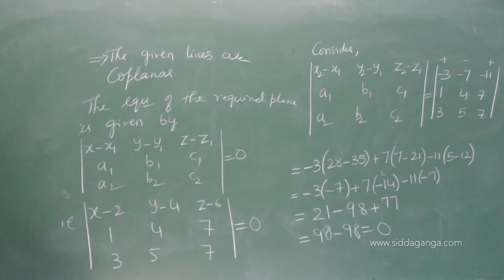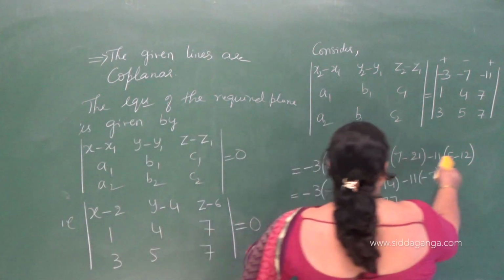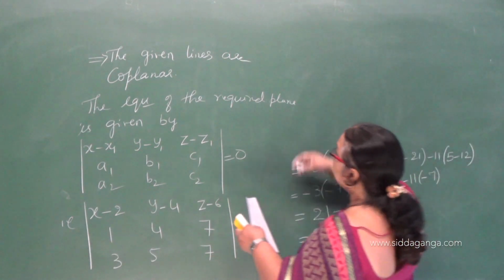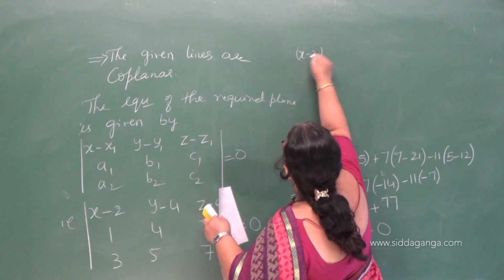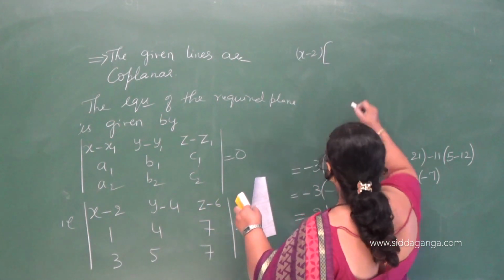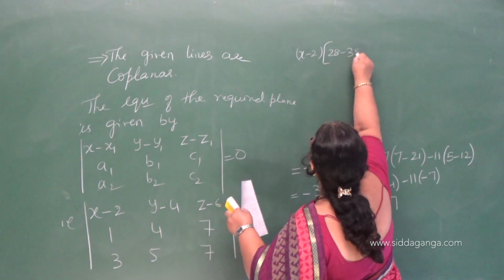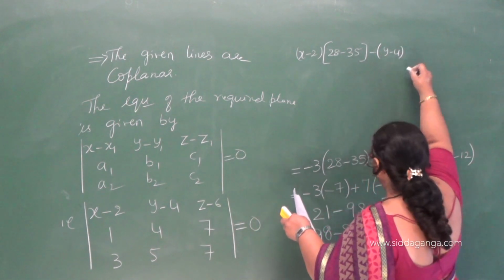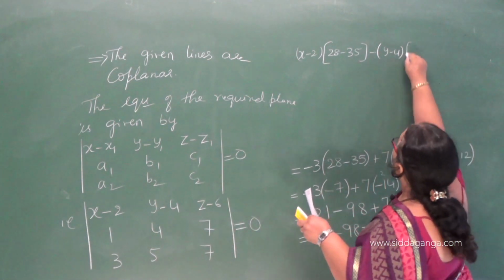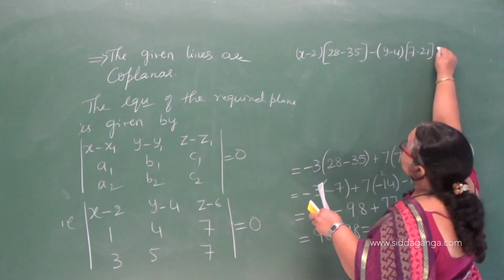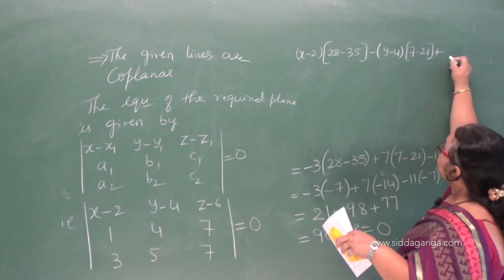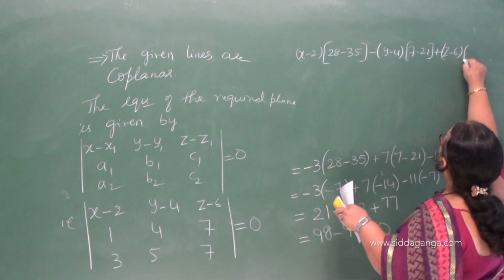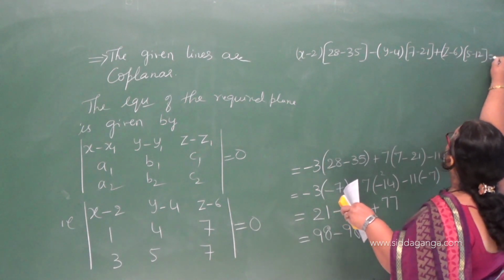Now we have to expand along R1, the inside is the same. That is x minus 2 into (28 minus 35) minus (y minus 4) into (7 minus 21), plus (z minus 6) into (5 minus 12) equal to 0.